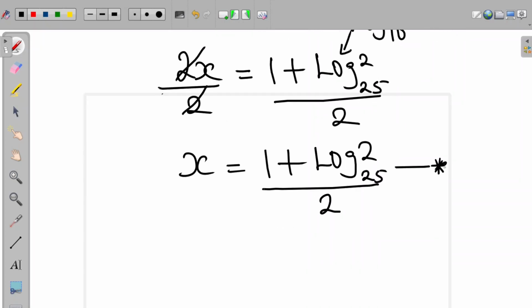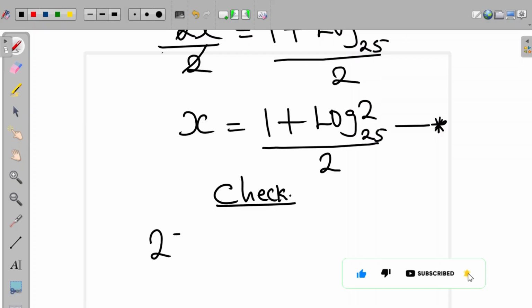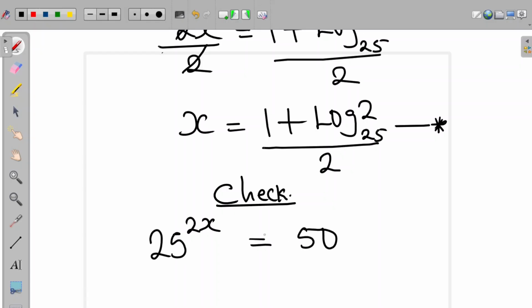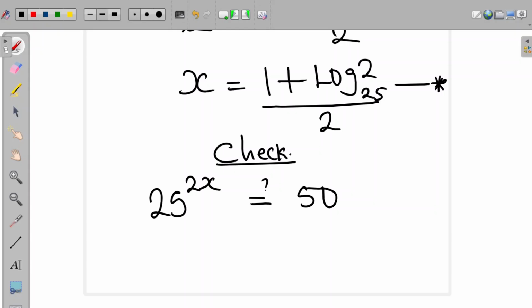Now let's check if our solution is correct. We are given that 25 raised to the power of 2x is equal to 50. At this point, the value of x is 1 plus log 2 to base 25 divided by 2.